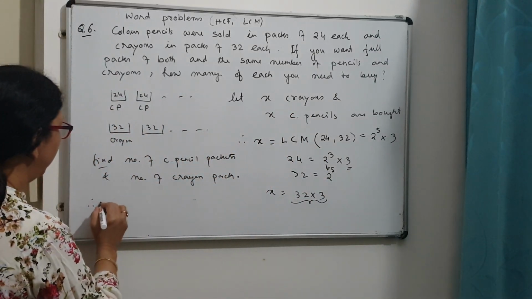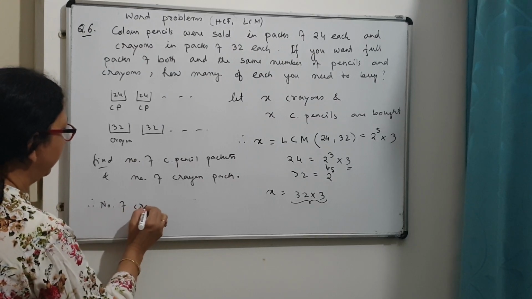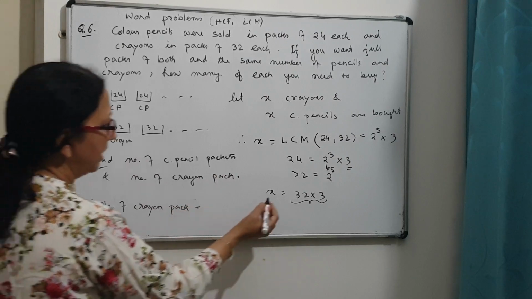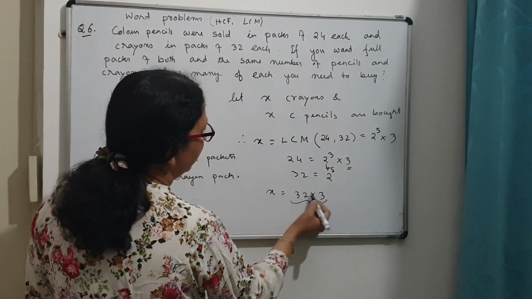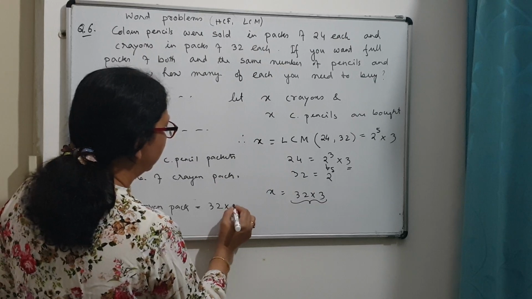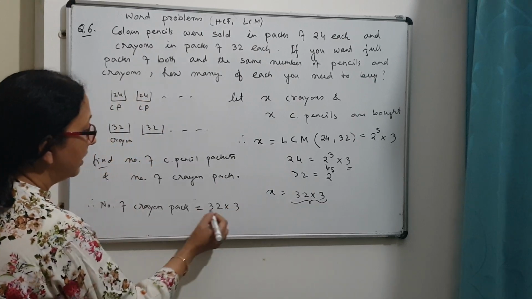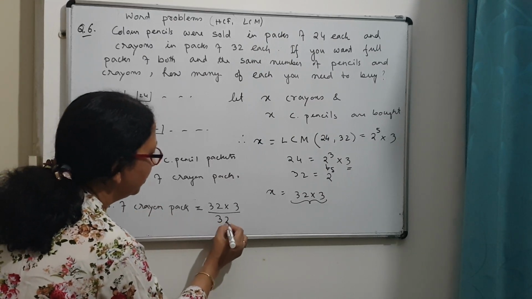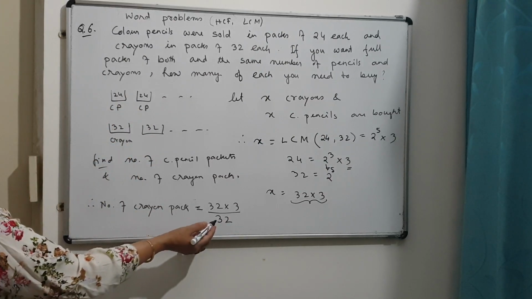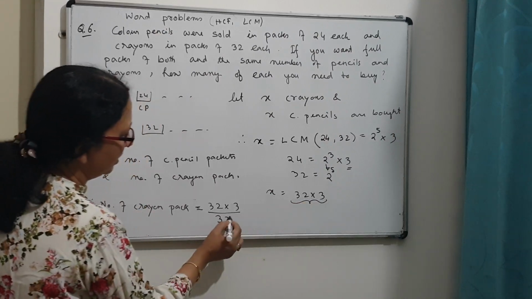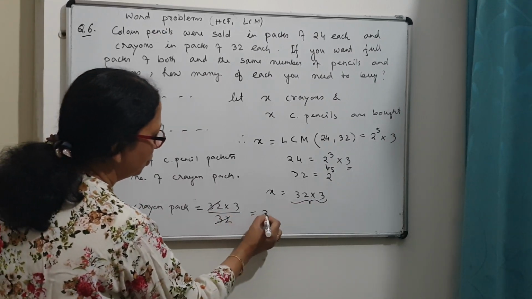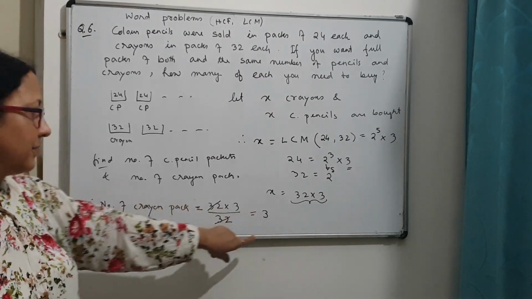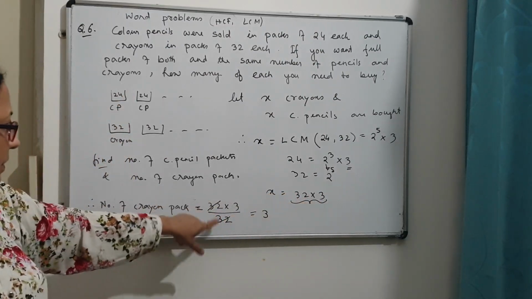Therefore the number of crayon packs: we are buying 32 into 3 crayons in total, and we are buying in groups of 32. That's why we divide by 32. You see, no need to multiply, because this 32 will get cancelled. So 3 packs of crayon will be required. So that's why don't multiply, remember, this will get cancelled.